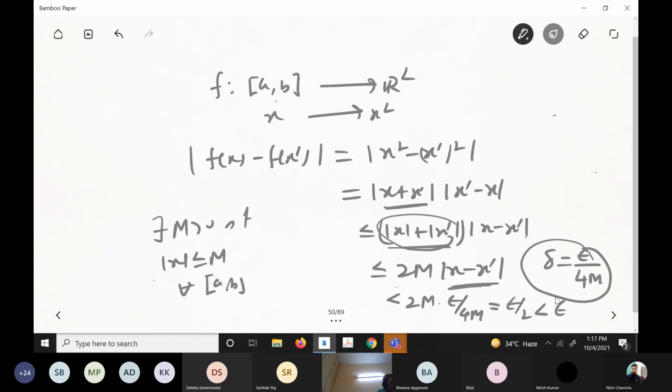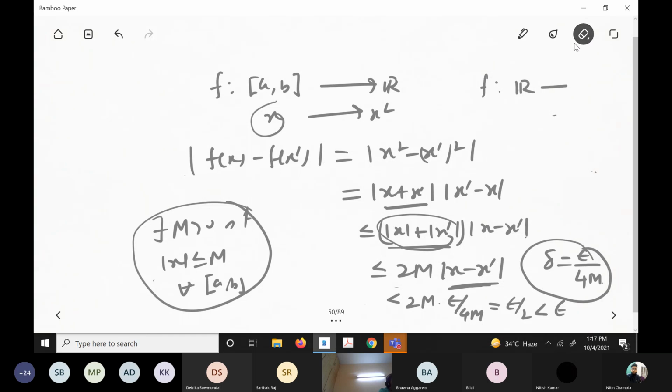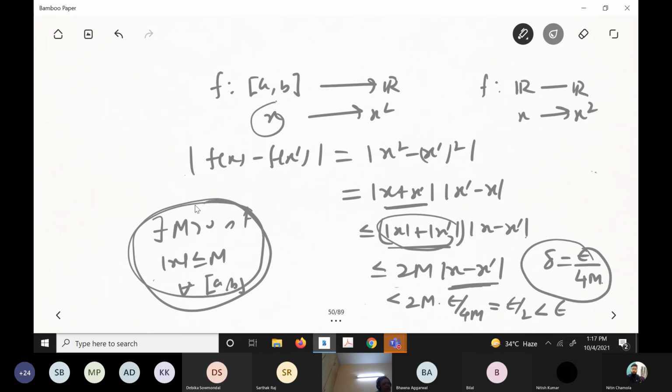But for the same function, look what I have used. This is bounded. I have used this thing. But here you won't get this. If you have the same function, sorry, this is not R square, here R, this won't be uniformly continuous because I won't have this choice. Got the point? If you assume that it is uniformly continuous, you can get a contradiction.